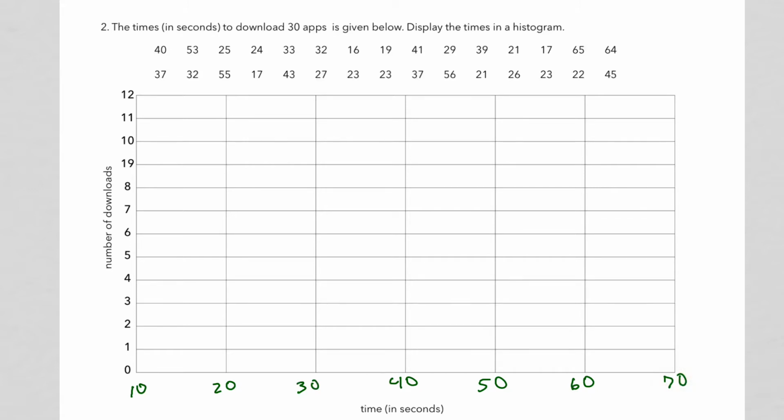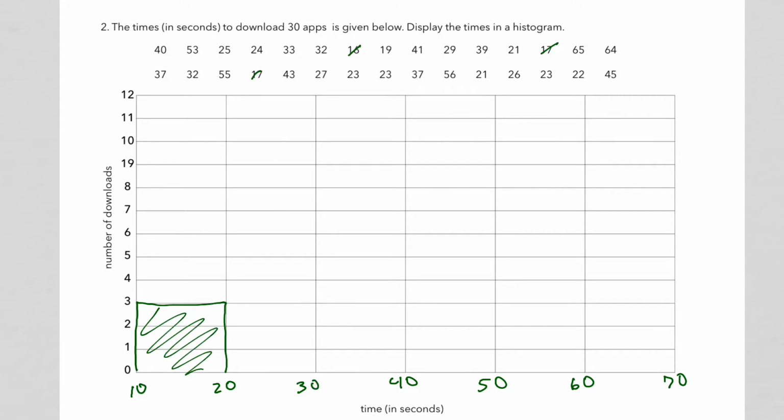So in order to fill this in, we need to count how many data points, first of all, are between 10 and 20. Let's see, we have 1, 2, 3, looks like just 3. So we go up to 3 and make our bar like this.